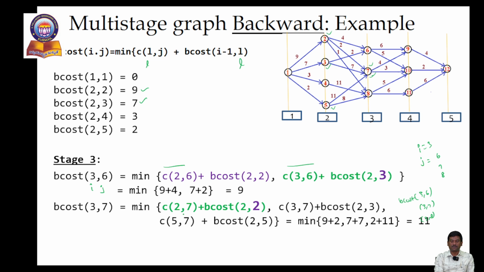What is the cost from 2 to 7? The cost is 2, and BCost of (2,2) is 9, so 9 plus 2 is 11. For C of (3,7), the edge cost from 3 to 7 is 7, plus BCost of (2,3), which is 7, giving 14. For C of (5,7), the edge cost from 5 to 7 is 11, and BCost of (2,5) is 2, so 11 plus 2 is 13.